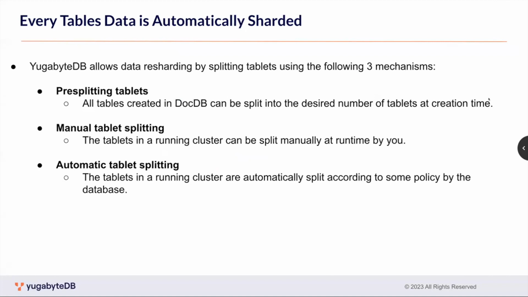Then you have manual tablet splitting, which you can do after creation, at runtime. Let's say your table is already created and you already have tablets, then you can split those tablets. And the last one, which is kind of new, is called automatic tablet splitting, where you let YugabyteDB decide the splitting for you.